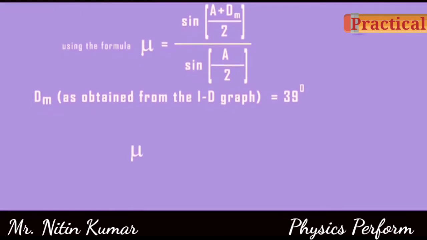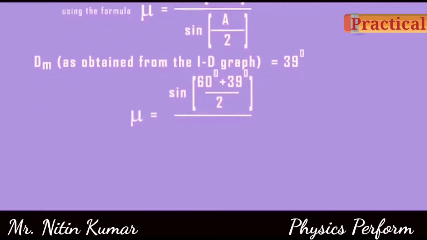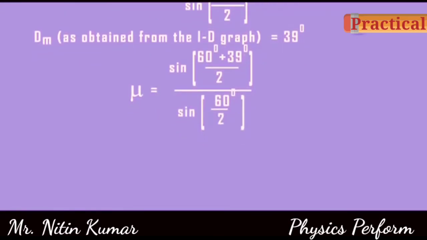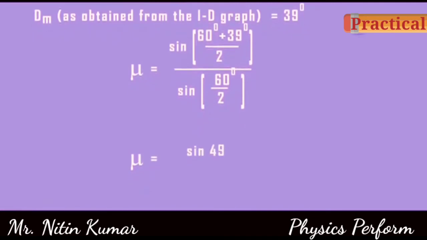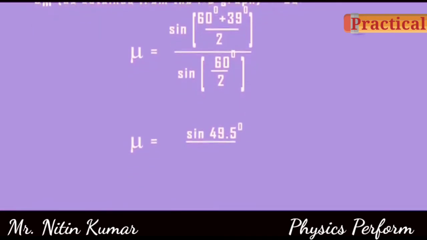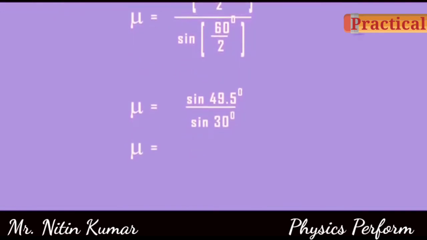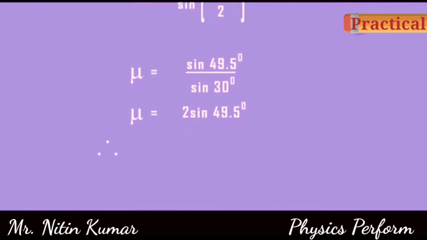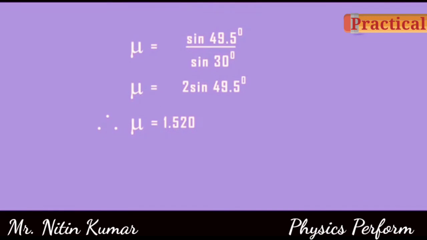Therefore, mu is equal to sin((60 plus 39) degrees by 2) by sin(60 degrees by 2), which is mu equal to sin 49.5 degrees by sin 30 degrees, which is 2 sin 49.5 degrees. Therefore, mu is equal to 1.520.